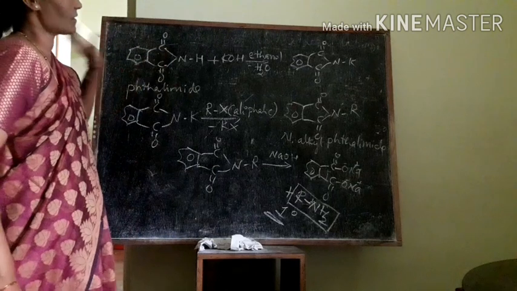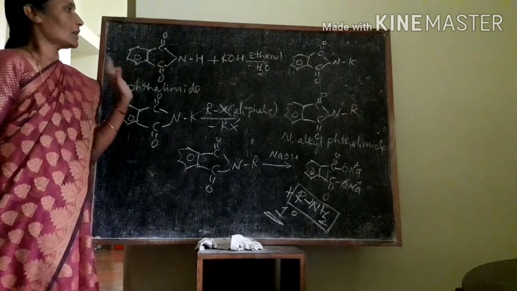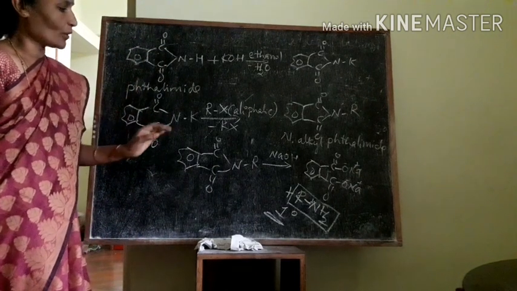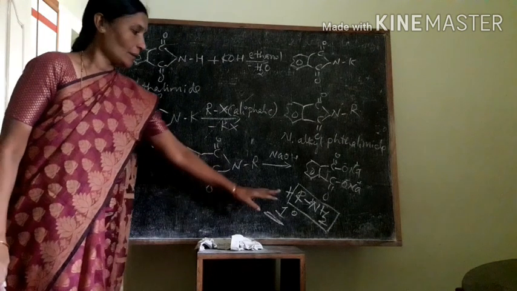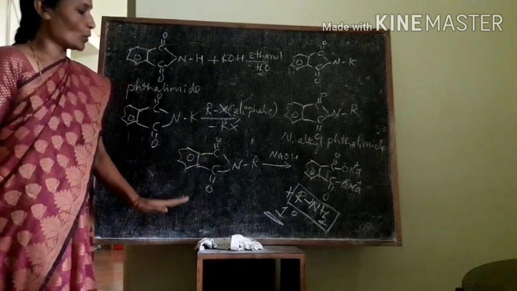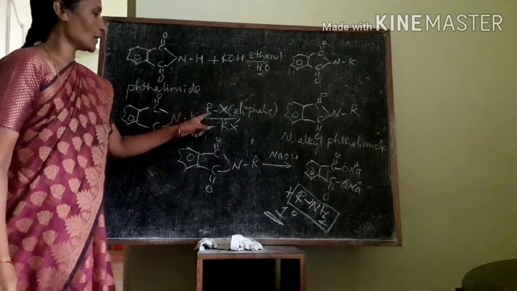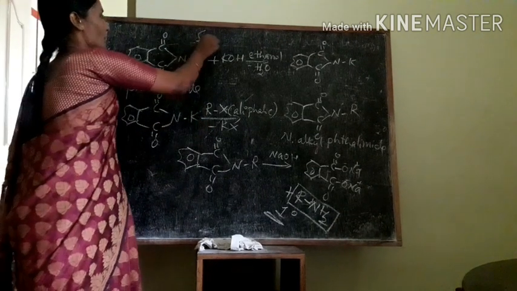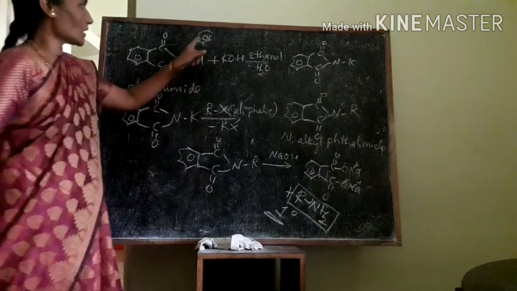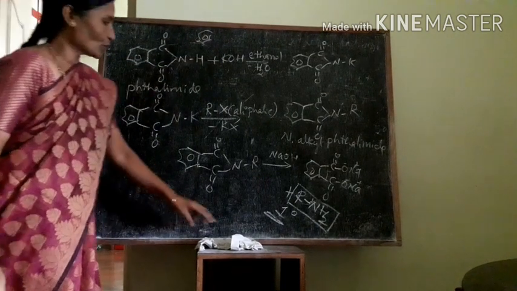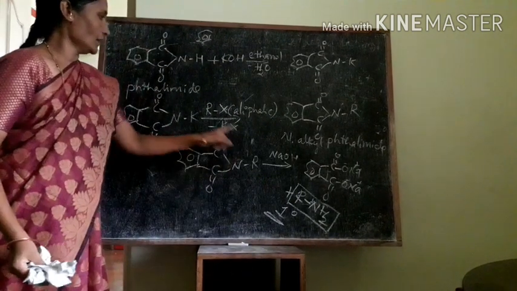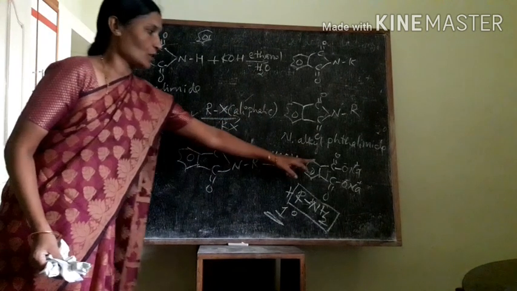By using this Gabriel phthalimide synthesis, you can only synthesize primary aliphatic amines, not primary aromatic amines, because a primary aromatic amine indicates a benzene ring. This benzene ring undergoes electrophilic substitution rather than nucleophilic substitution.